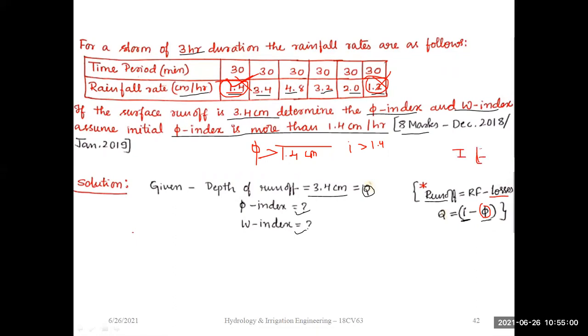Once the 1.4 centimeter of rainfall falls onto the ground, it is completely infiltrated into the ground surface, meaning it won't be available. It is lost through infiltration and evaporation, so we should not consider these two.